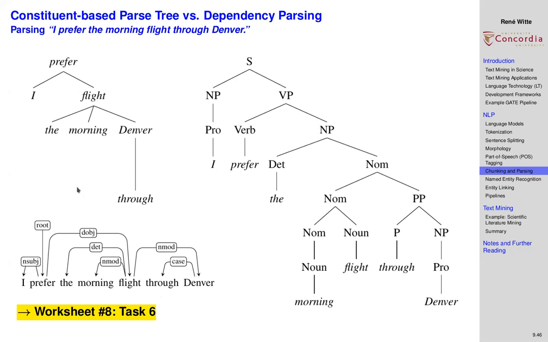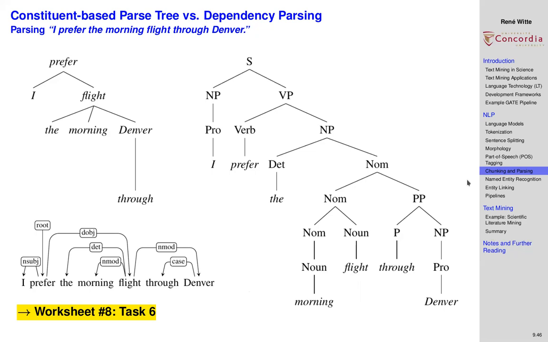So in practice, in modern systems, this is the typical representation that you see more often because it's a bit more robust. First, you can directly take this representation and read information out of it, for example, for information extraction or question answering. Whereas here, if you want to extract certain information, it needs further processing.